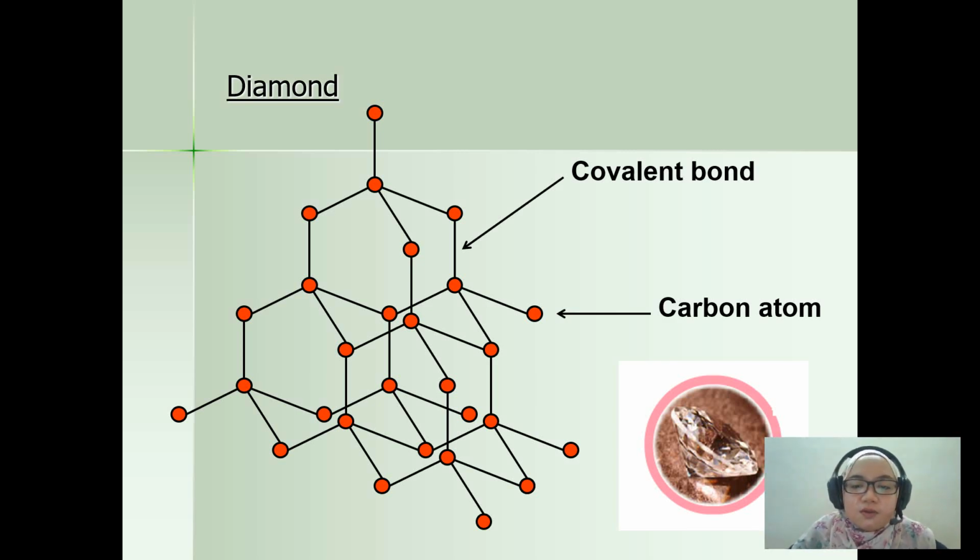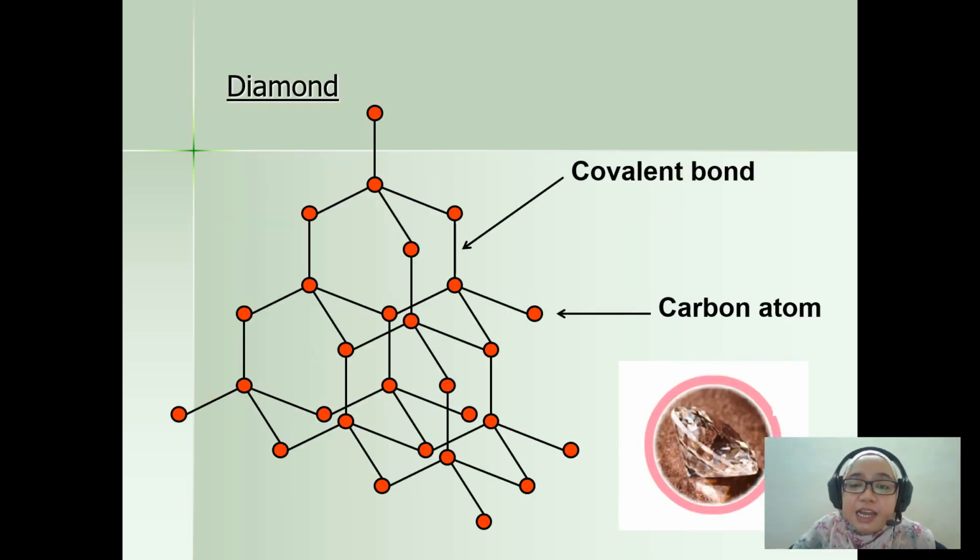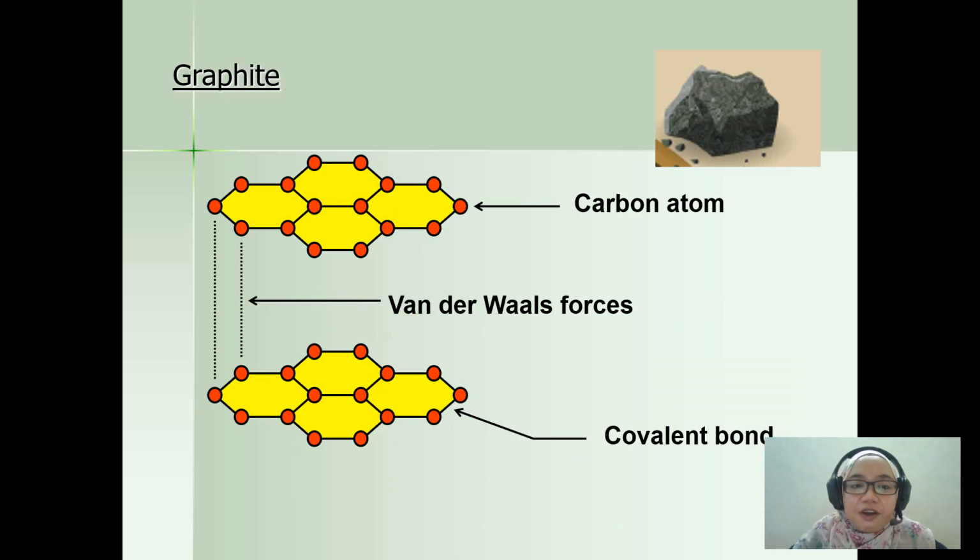Okay. Alright. So the diamond actually is from carbon. It's a carbon atom that is covalently bonded together to form a network. Okay. Graphite is also carbon atom. Okay.